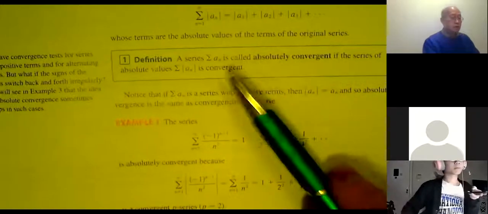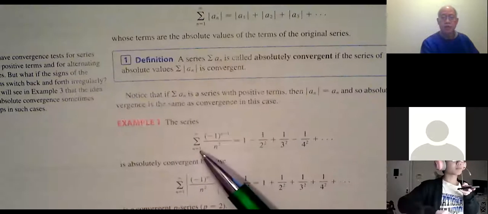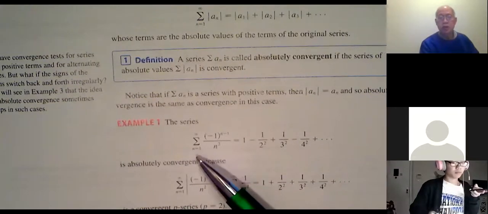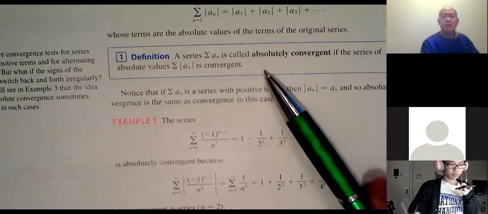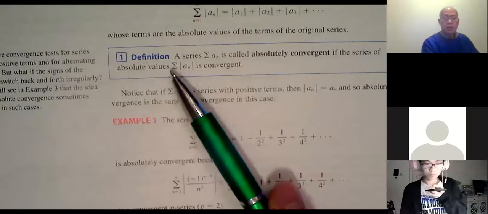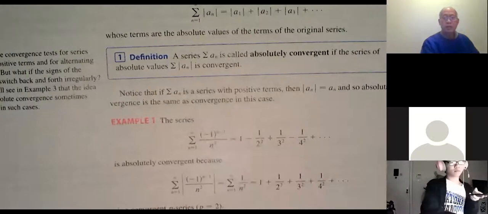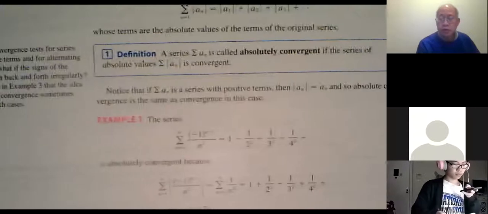All right, so definition. Again, if you want to put this on your cheat sheet, you may. Page 737. A series, notice the quote-unquote lazy notation. They don't put n equals 1 to infinity like over here, or maybe 2 to infinity or 0 to infinity. It's just some series. It's called absolutely convergent if the series of absolute values, summation of absolute value of a sub n, is convergent. Can you guess my abbreviation?